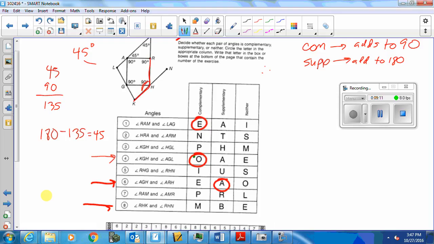And RHN. RHN is going to be this angle. Those two appear to me that they're supplementary also because they form a straight angle. See what the other ones are. I think they have a neither in there somewhere. You'll have to find it. All right?